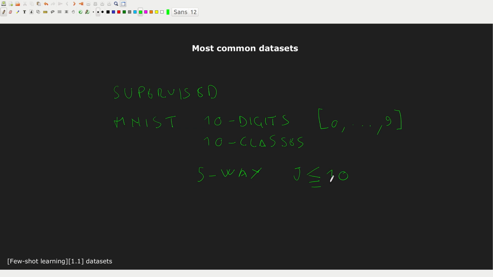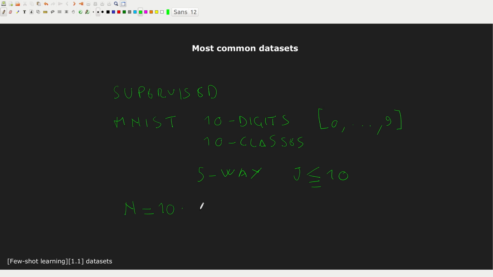In particular, we can estimate how many permutations we have here. Let's suppose that we have n total possible tasks, permutations of tasks. If we have 10 classes and we want to do a 5-way setting, and we randomly pick a first digit from the 10 classes with a uniform distribution, we have 10 possibilities.